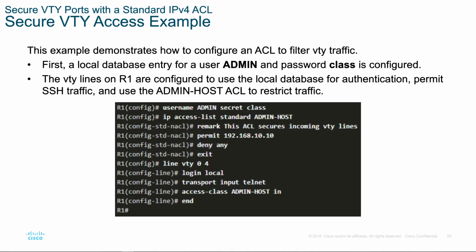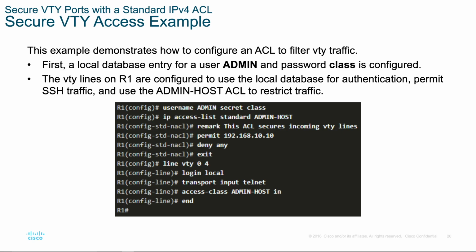So in this example, we've set up a username with admin and a password of class. We are then creating a standard access list that is named admin host, and we're permitting that host only and denying any other traffic. We then go to the VTY lines, tell it to log in using the local username database.